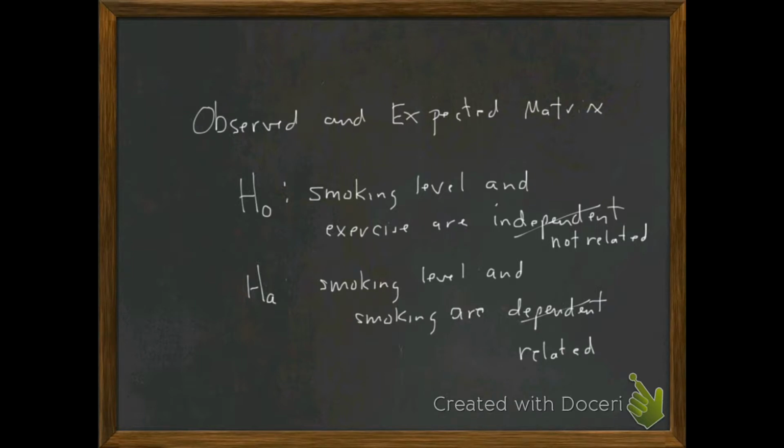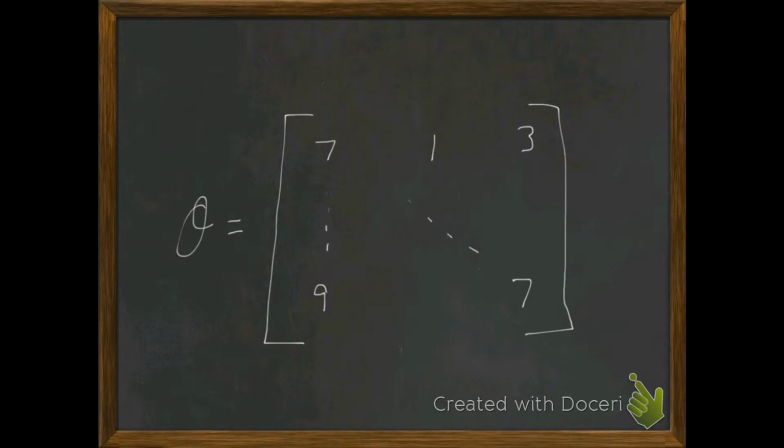So the level at which someone smokes and their exercise habits have no bearing on one another. They're not related. Our alternative hypothesis is they are related. Guys, the observed matrix is just going to be the counts just as we have from the table before.